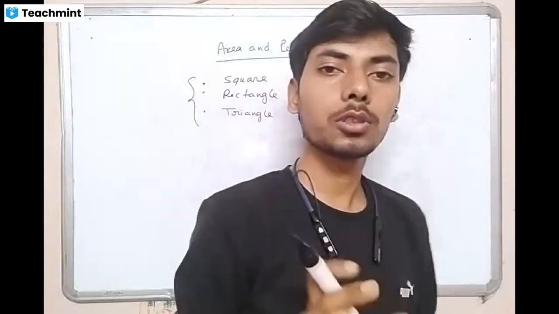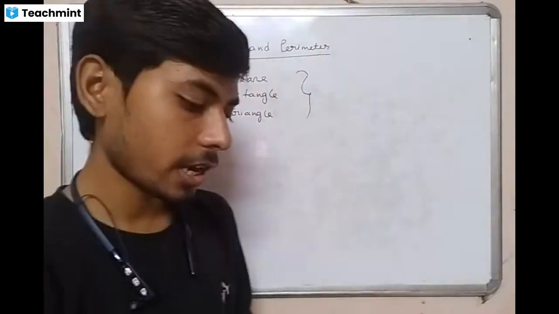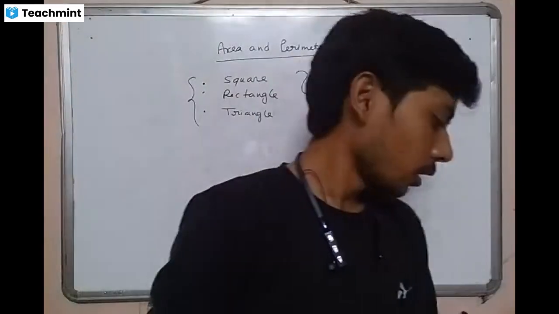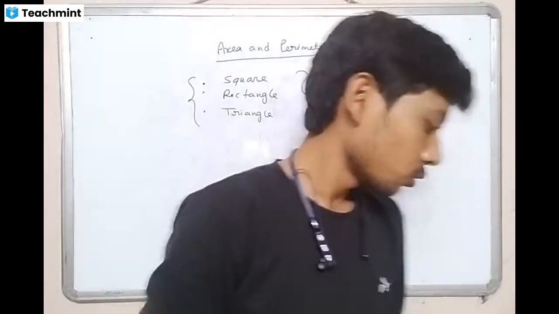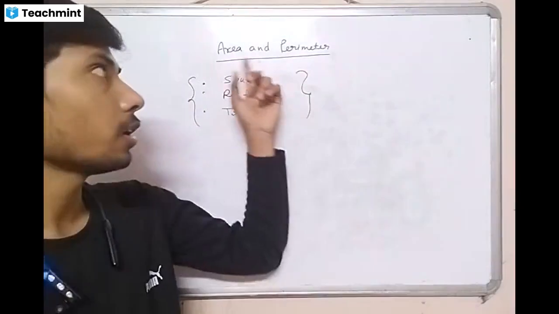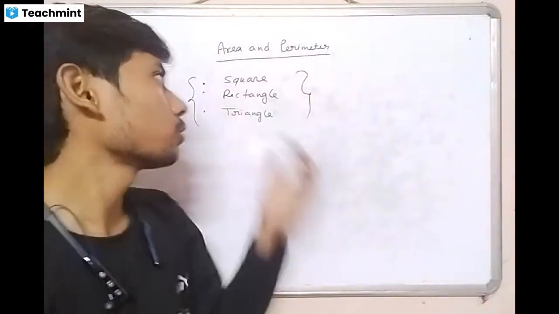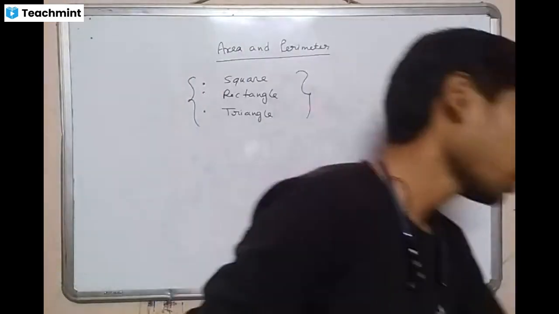In triangle, you have to study only the right angle triangle. As I have told you, I will provide the video on YouTube also. Today I am going to teach the chapter area and perimeter, and this is your syllabus.